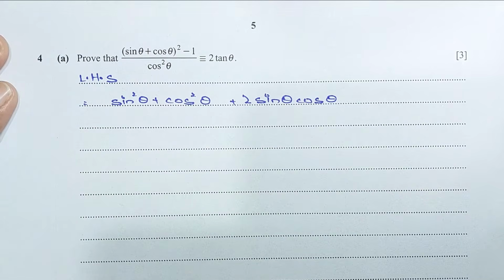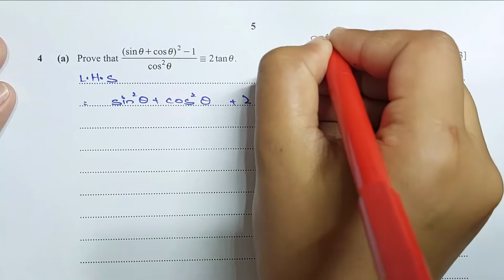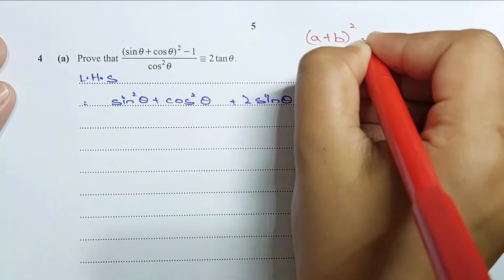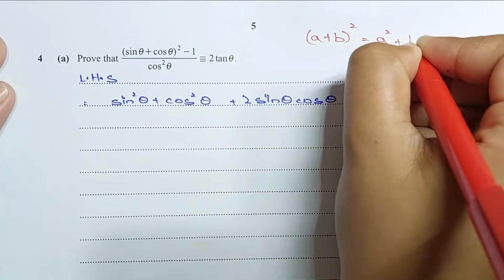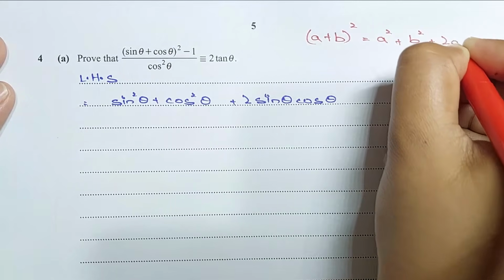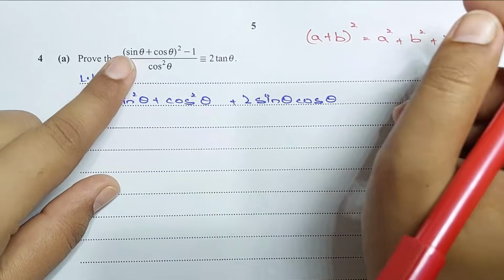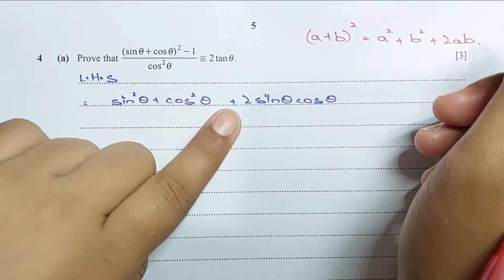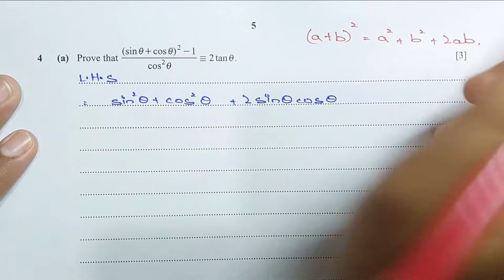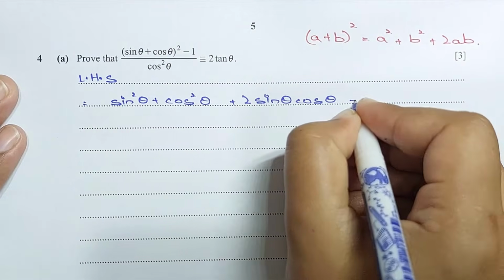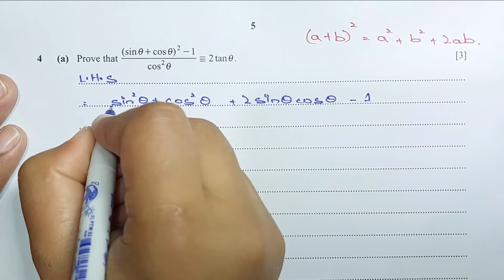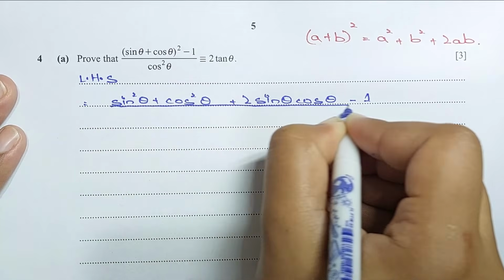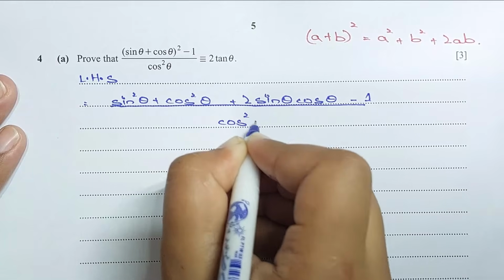I used the formula of (a plus b) whole square, which equals a square plus b square plus 2ab. So a over here is sine theta and b is cos theta. So first term square, second term square plus 2 times first term times second term. Alright, and then subtracting 1 and the whole term is going to be divided by cos square theta.